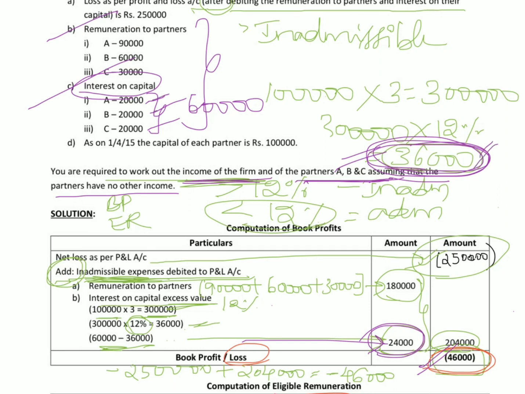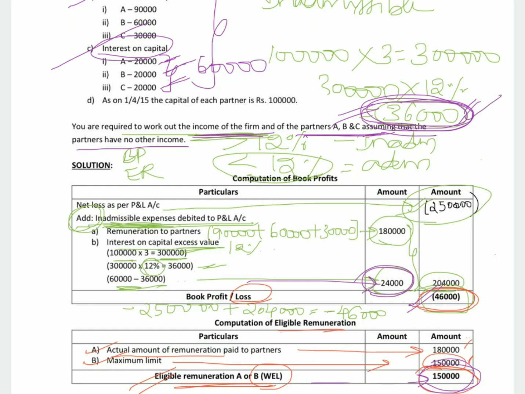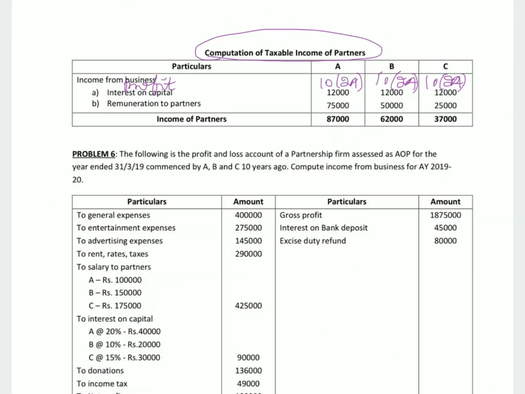Since they have equal interest on capital, this 36,000 will be shared equally, 36,000 into 1/3 for A, 1/3 for B, and 1/3 for C. So the amount comes to 12,000, 12,000 and 12,000.